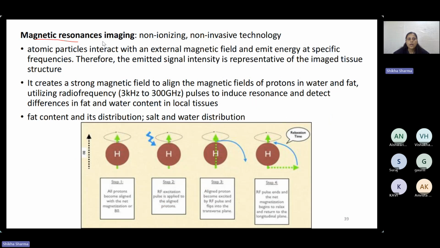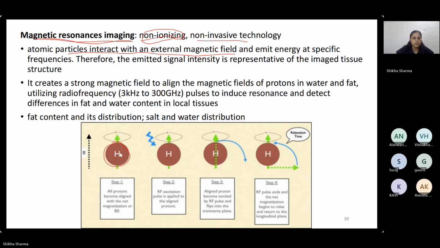Then what is magnetic resonance imaging in food? X-rays are ionizing, but MRI uses non-ionizing radiation, and this is a non-invasive technology. Suppose we have any molecule; the atomic particles will interact with the magnetic field.